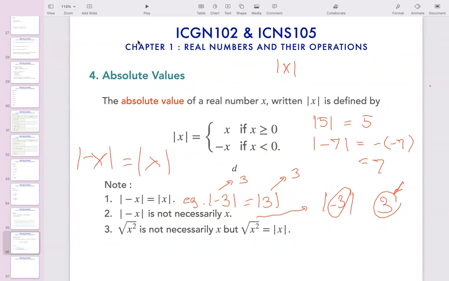Assume that I have the square root of negative 5 squared. In here it is not equal to negative 5, but the square root of negative 5 squared equals absolute 5.